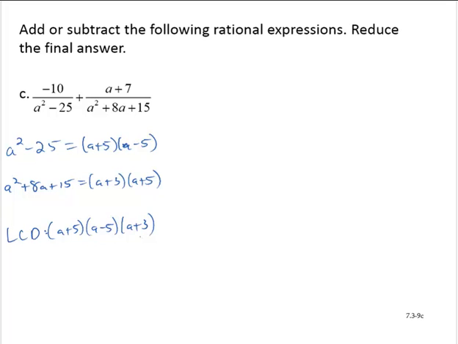All right, so what do we need to build in? My first denominator is a plus 5 by a minus 5. It needs a factor of a plus 3 in both the denominator and numerator. My second fraction is missing the factor of a minus 5.